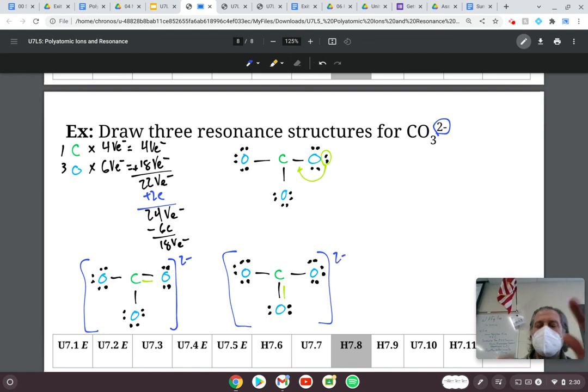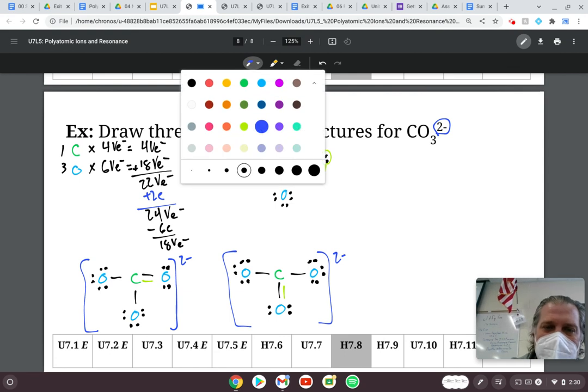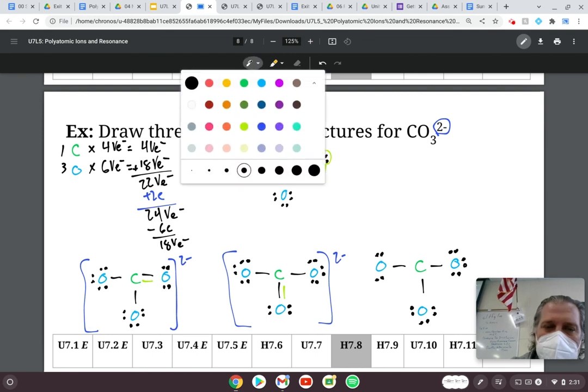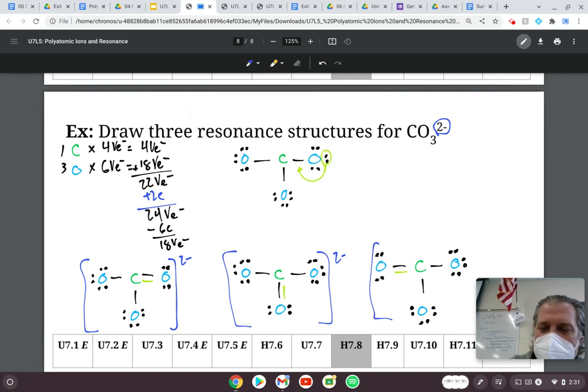And then there's a third structure, and I'm guessing that everybody out here is screaming at me to draw it on the left, the double bond on the left oxygen. So we'll do that. Silent screaming. And because it's a polyatomic ion, I'm going to put it in brackets and give it a charge.